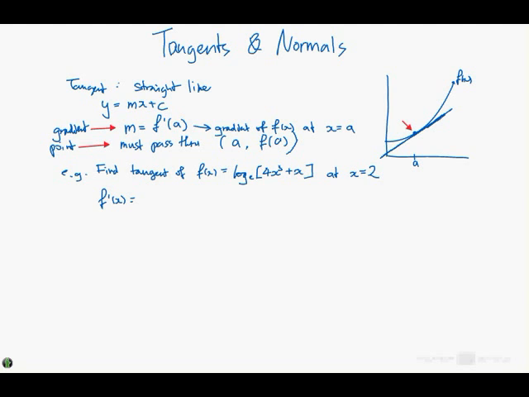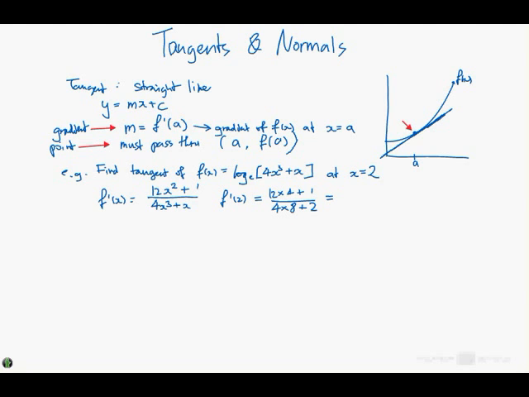If you're not clear on this, feel free to look at my video on how to differentiate fast. So on the bottom you're going to have 4x cubed plus x, on the top you're going to have 12x squared plus 1. So that's f dash of x, right? And at x equals 2, f dash of 2 is going to be 12 by 2 squared, which is 4, plus 1, over 4 by 2 cubed, which is 8, plus 2.